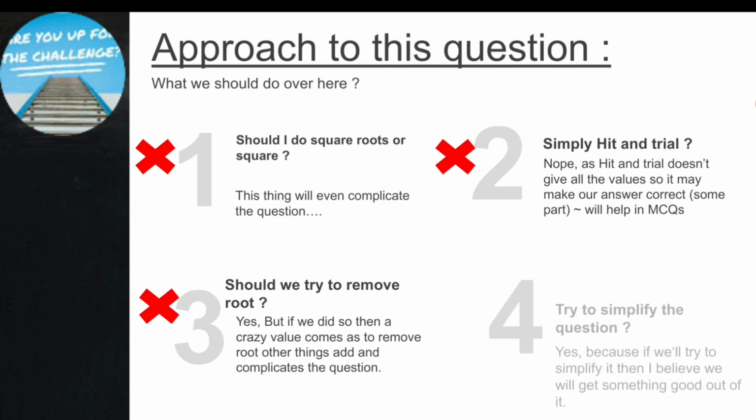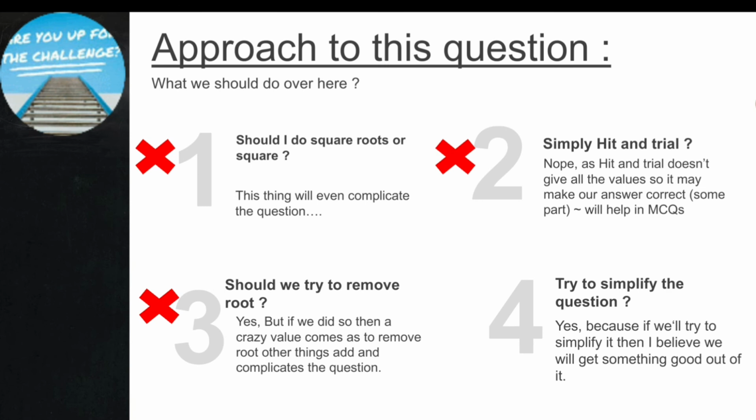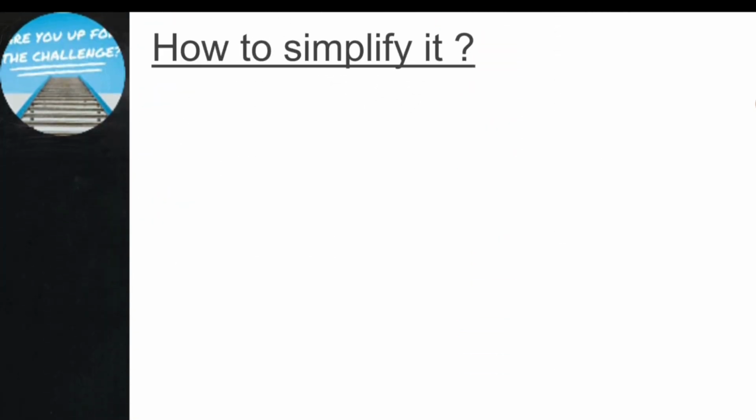Then the fourth thing is to try to simplify the question. The best approach to this type of question, when you wonder what on earth the question is, is to simplify it to get some good values, and from that we can do something.